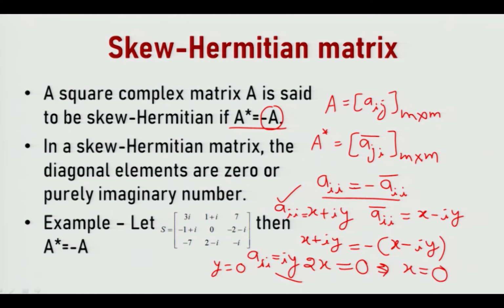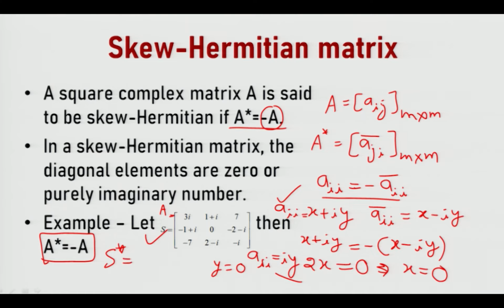Now this is the example. Check here, S is equal to 3 iota, 1 plus iota, 7, minus 1 plus iota, 0, minus 2 minus iota, minus 7, 2 minus iota, minus iota. Now see here, this is S, and we need S star, and this definition will be followed if A is equal to this. So same thing, we take here S star.